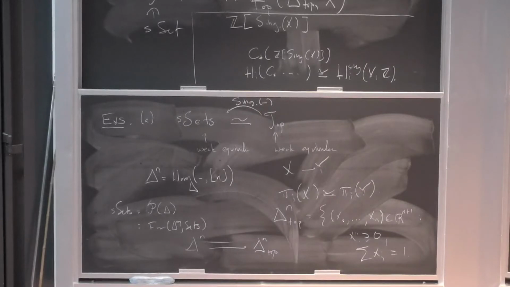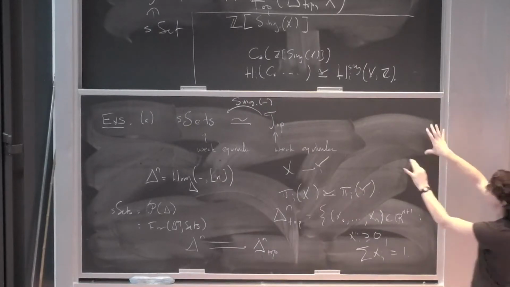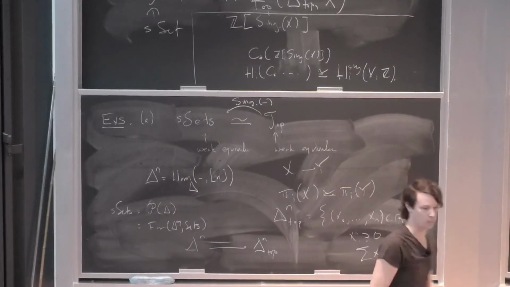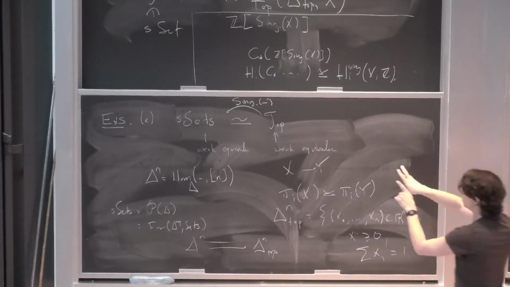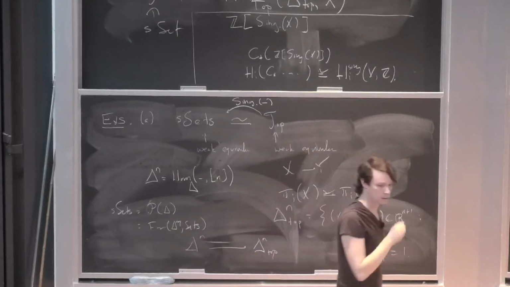Okay? So in some sense, you've already seen this kind of construction, probably. So that's our first example, simplicial sets and topological spaces.